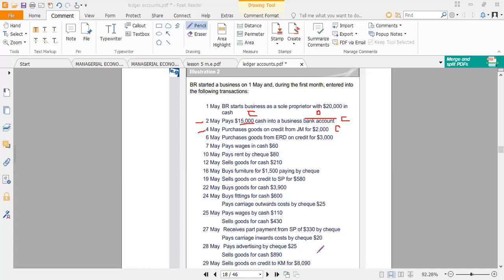And so goods that are returned to us after being bought, after being sold, are called sales returns. They are also called returns inwards. A document produced is called a debit note.